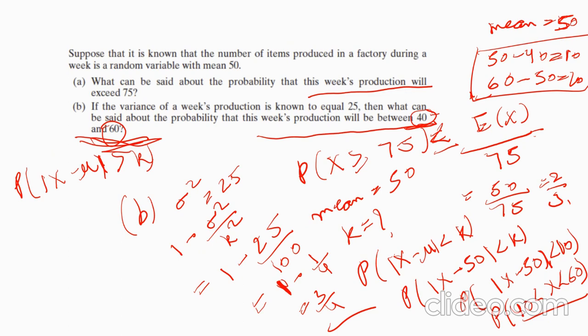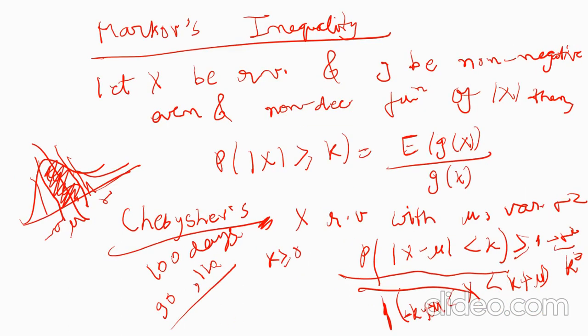Here when you are taking less than k, it is 1 minus sigma square by k square.